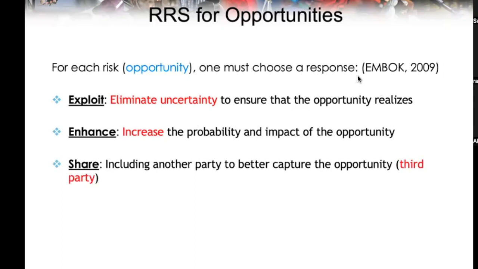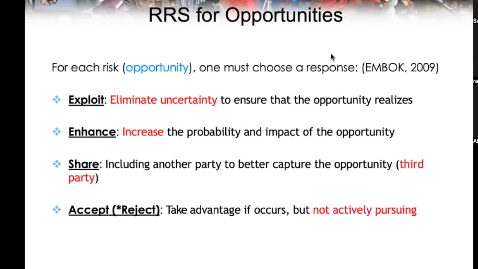Share: basically you're sharing with a partner, a third party. This time not to give them the burden, like when you have a car accident, all the financial burden goes to the insurance company, hopefully. This time you are sharing the opportunity with a third party.